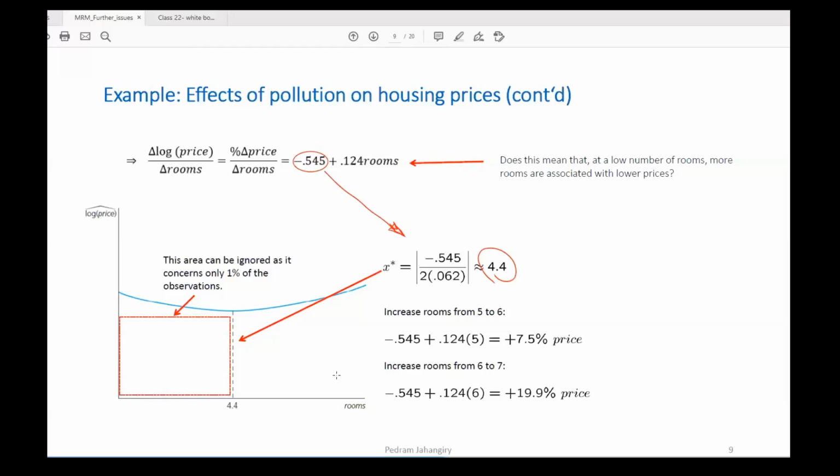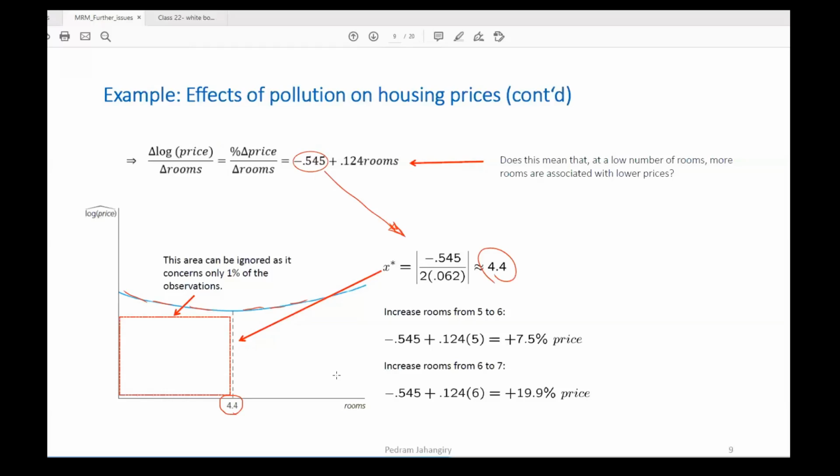This means that the model is suggesting that as long as the number of rooms is less than 4.4, an additional room is going to have a negative impact on the price of a house. If the number of rooms is greater than 4.4, then the additional room has a positive impact on the price.